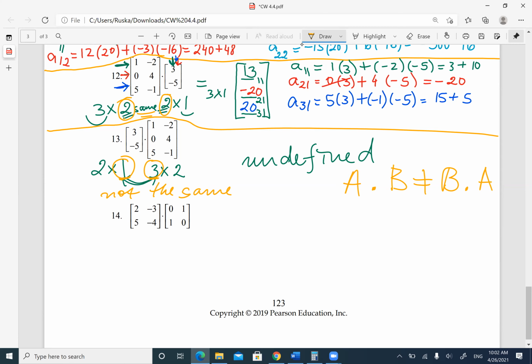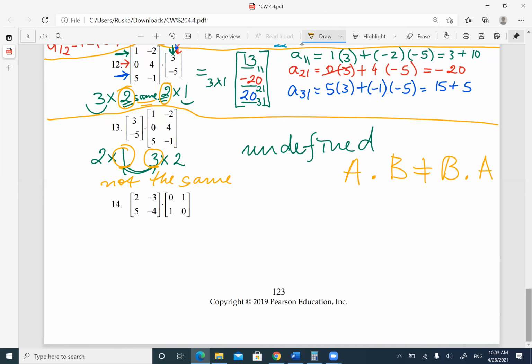But when you multiply two matrices, you can't switch them. If I have this matrix and this matrix and I switch them, putting the bigger one first, it's going to be different. They're not going to be the same. Make sense? So we shouldn't flip them. Absolutely, don't flip them. You got it?